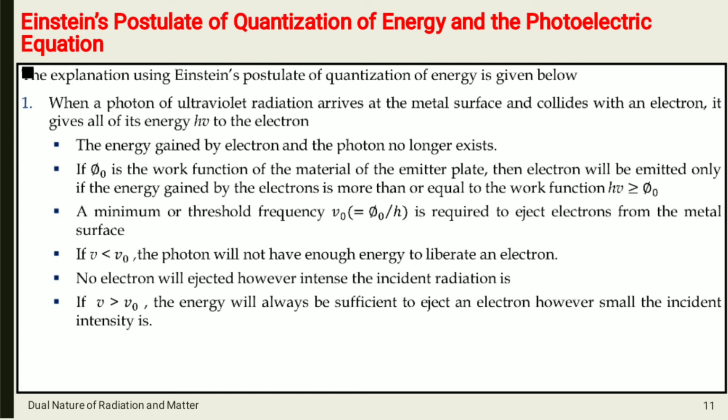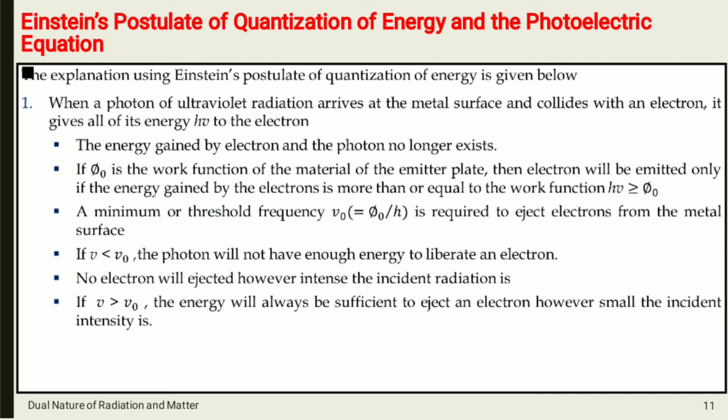A minimum or threshold frequency, that is nu 0, is what? The threshold frequency is required to eject electrons from the metal surface. This we have discussed earlier also. If nu is less than nu 0, the photon will not have enough energy to knock off or liberate an electron.